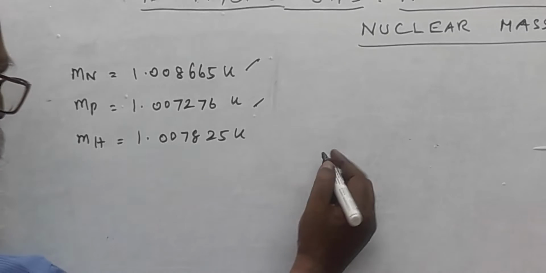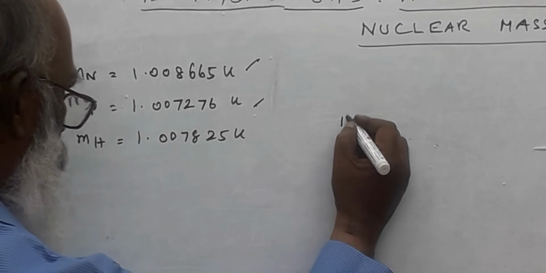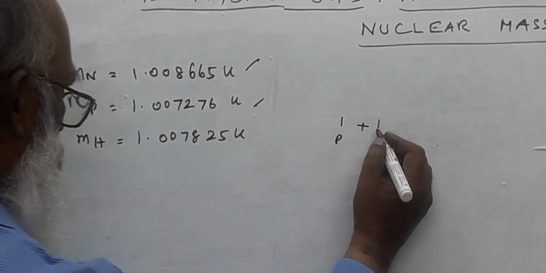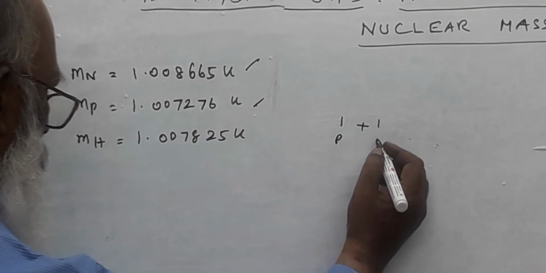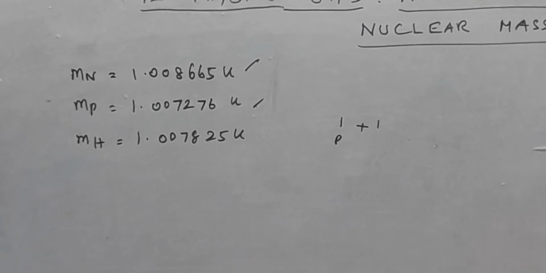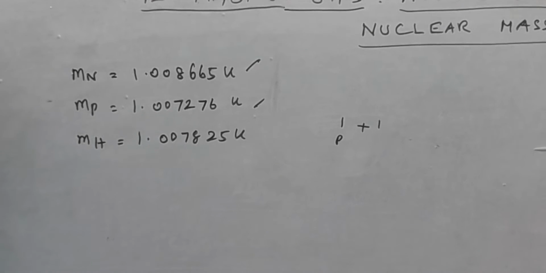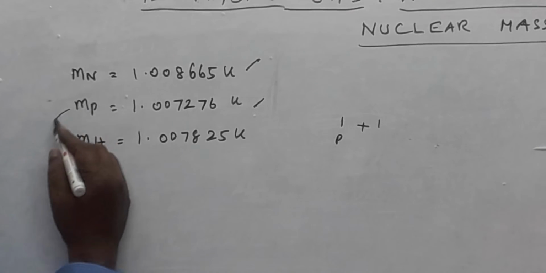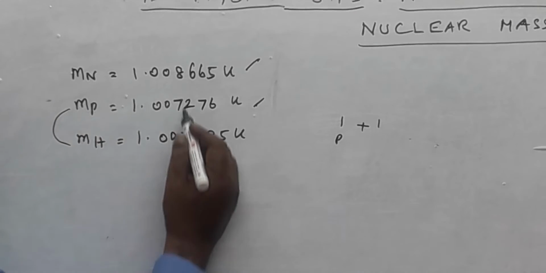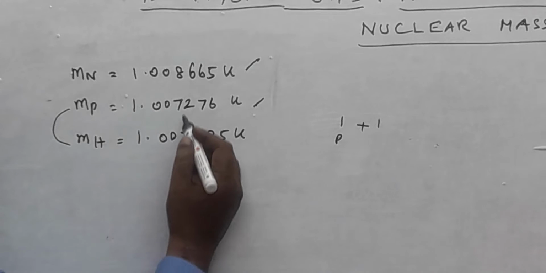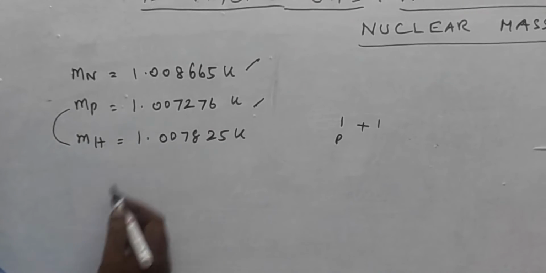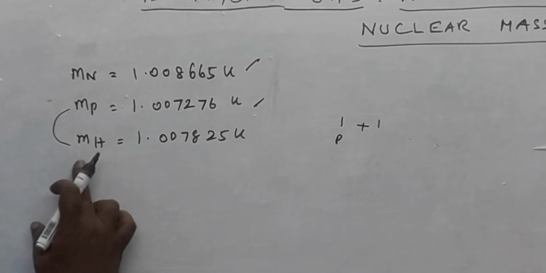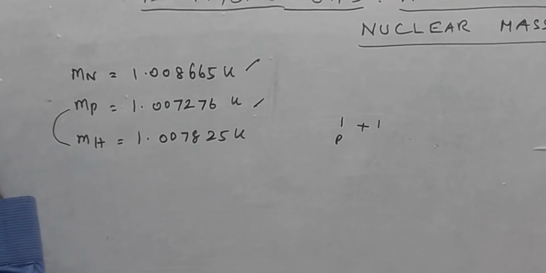Hydrogen is nothing but one proton plus one electron, with 0 neutrons. Then how can we obtain the difference of this energy level? Why may it differ? Here there is no neutron. When we say hydrogen atom, there is no difference of value.